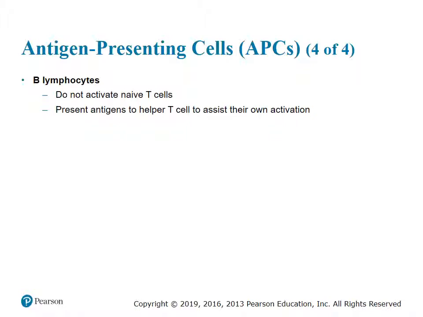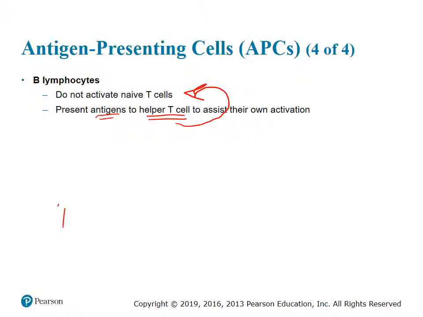So B lymphocytes do this as well. Again, these are antigen presenting cells, and the B lymphocytes do this, right? They present the antigen to what we call a helper T cell, and the helper T cell presents this to other T cells, naive T cells, regular T cells. So the helper helps, right?